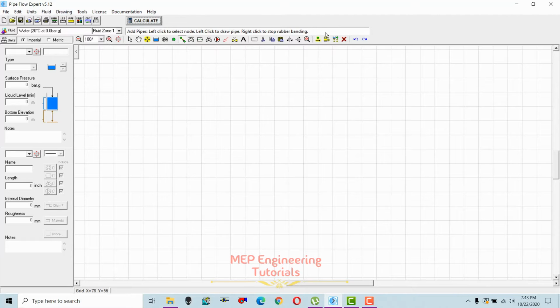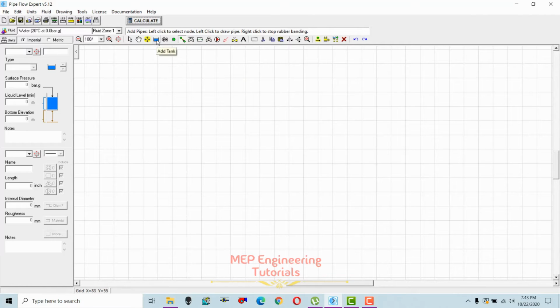And this is the toolbar at the top. You can add fittings, components, pipes, demand pressure, demand flow, everything you can add from here. So let's start drawing the pipes, and we'll discuss these things one by one.